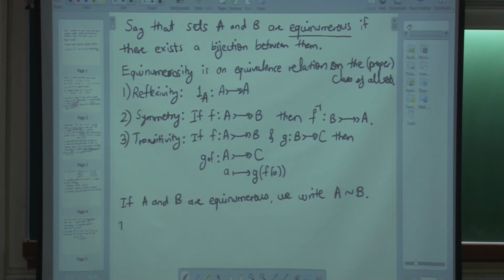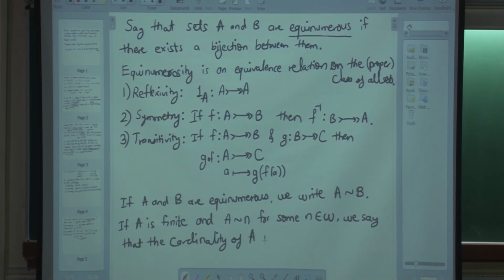So if A is finite, and A is in bijection with n for some n in omega, we say that the cardinality of A is n, and write cardinality of A is n.